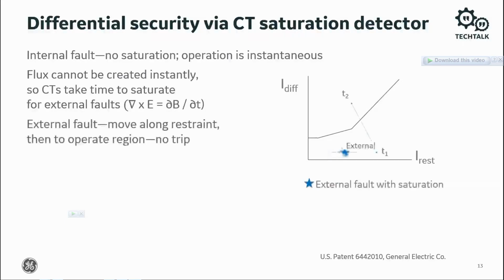For an external fault, a saturated CT operating point goes right, increasing current, before it goes up, showing differential current. The relay implements the saturation detector based upon the timings to declare an external fault and not trip. The relay is secure for external faults.